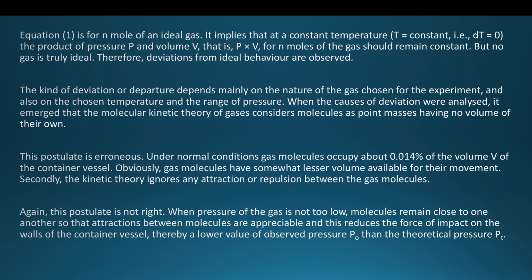Under normal conditions, gas molecules occupy about 0.014% of the total volume of the container vessel. Obviously, gas molecules have somewhat lesser volume available for their movement. This affects the observed properties.